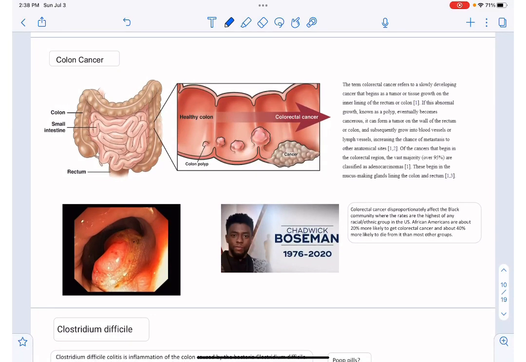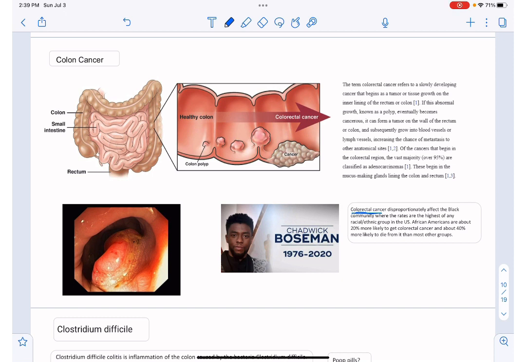The next is colon cancer, cancer of the colon and also the rectum, which is a deadly form of cancer. And another interesting, unfortunate part about it, something that needs to be addressed, is that colorectal cancer disproportionately affects the Black community in the United States.